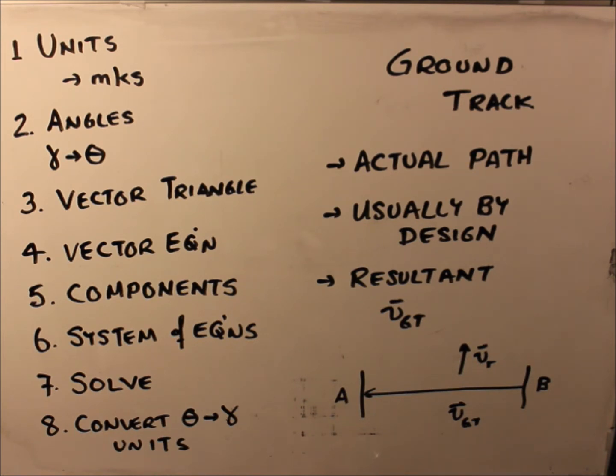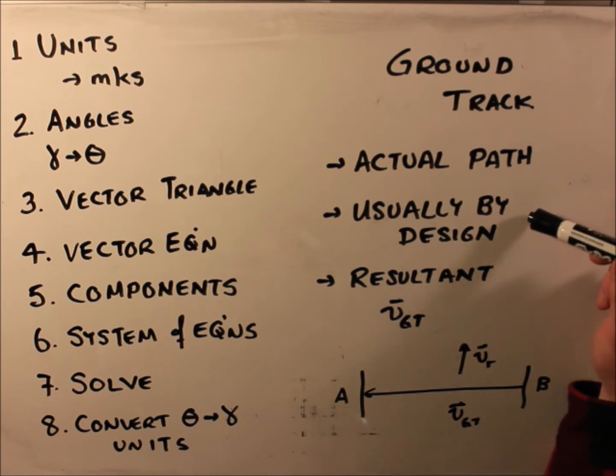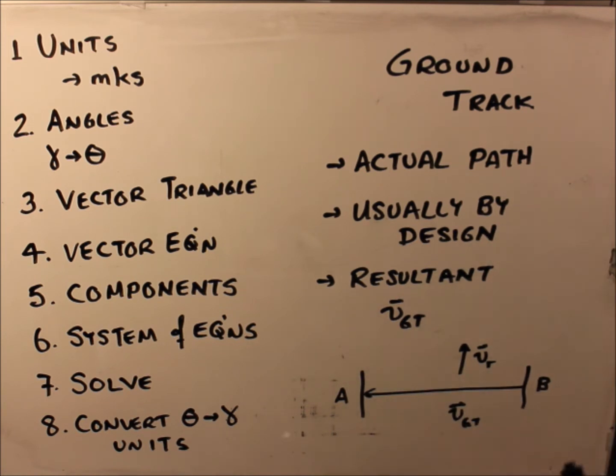Now, generally speaking, this doesn't come out of the question itself so much as it comes by design. So for example, if we have a simple example here where we have a boat that is to cross a river, the river has a current, but we say we want the boat to go straight across the river. If we do nothing, the boat will be pushed by the current up the river.